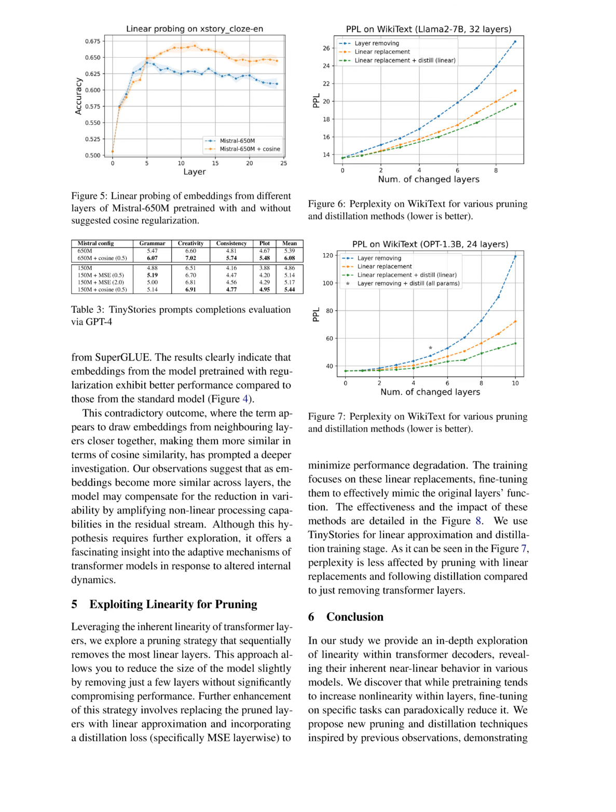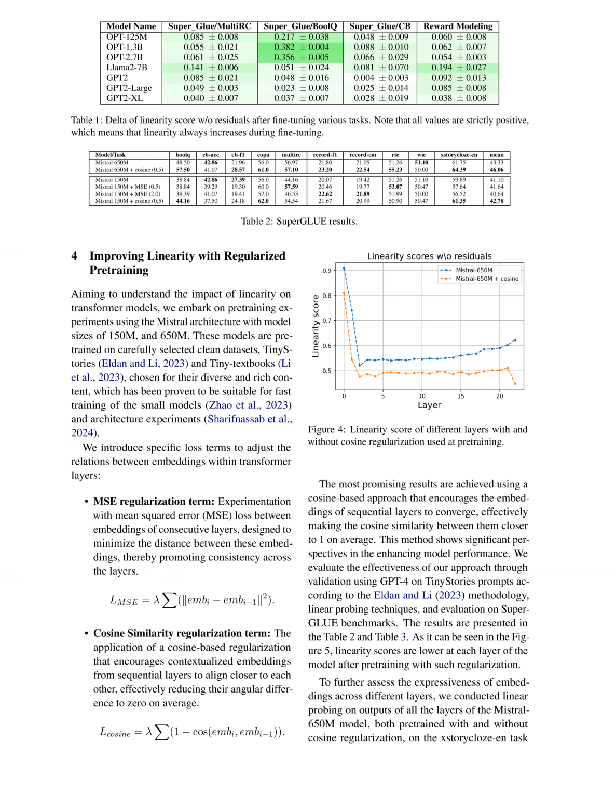The results show that embeddings from the model pre-trained with regularization exhibit better performance compared to those from the standard model. Additionally, linear probing on outputs of all the layers of the Mistral 650M model, both pre-trained with and without cosine regularization, on the XStoryCloze task from SuperGLUE, further confirms the effectiveness of the method.